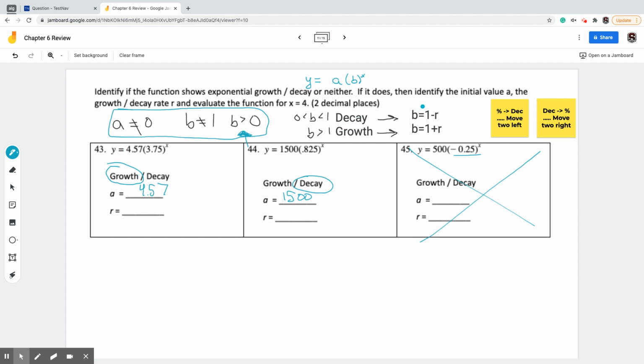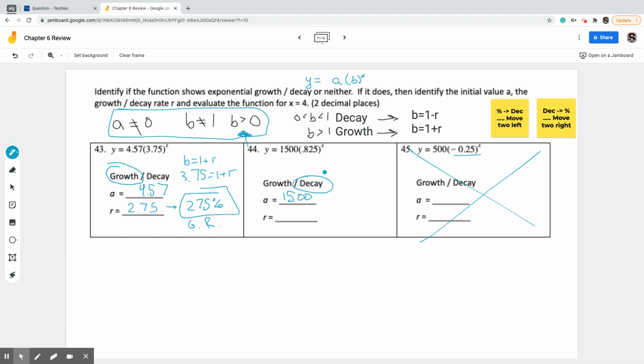Since this is growth, I'm going to be using B equals 1 plus R. I'm going to say 3.75 equals 1 plus R. And then I'm going to say that R equals 2.75, which is the decimal form, which is 275%. That's a 275% growth rate.